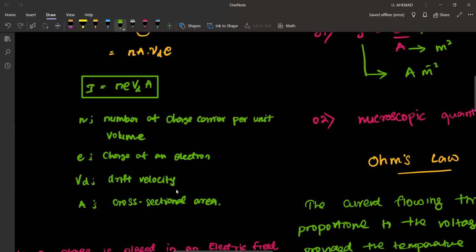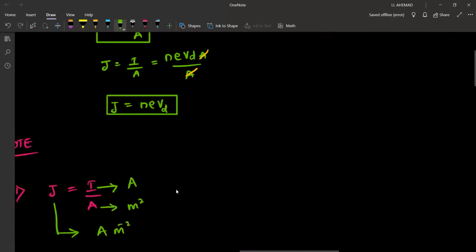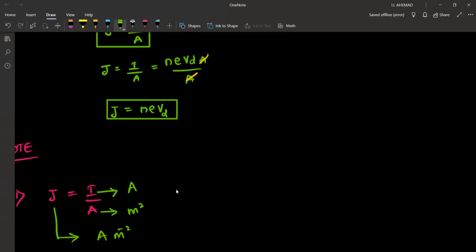But when it comes to current density, if you want to find current density, you need to know n, e, and vd. All of them are microscopic. So current density is a microscopic quantity. Current, we can straight away find. But we need current density when we deal with something at microscopic level.